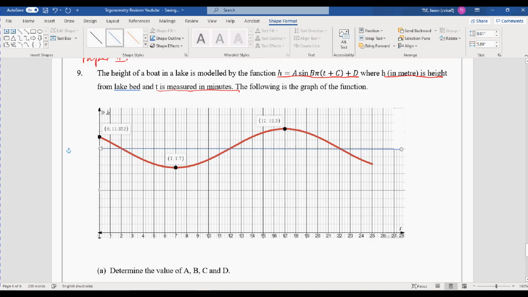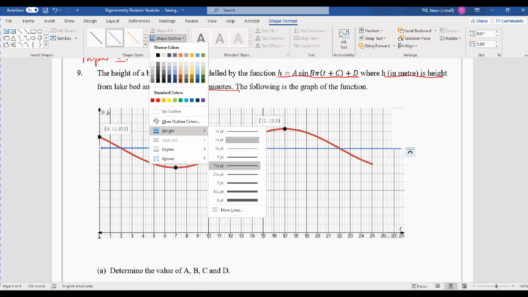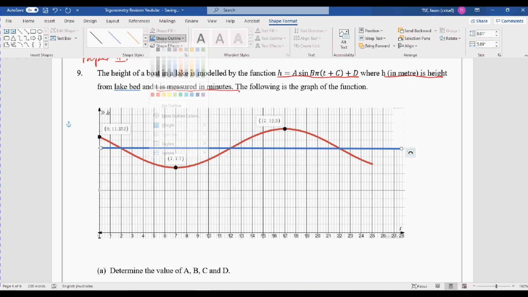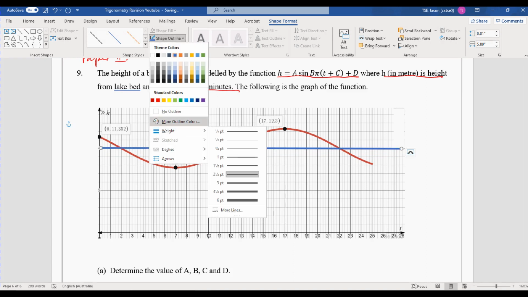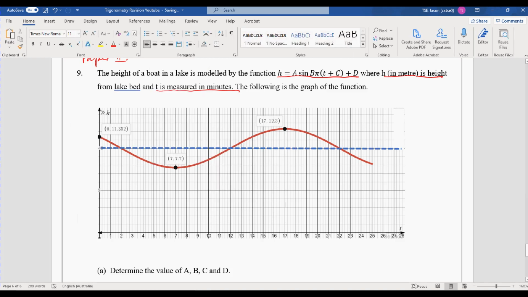Yeah, so here's the middle line, right? So you could see the middle line.